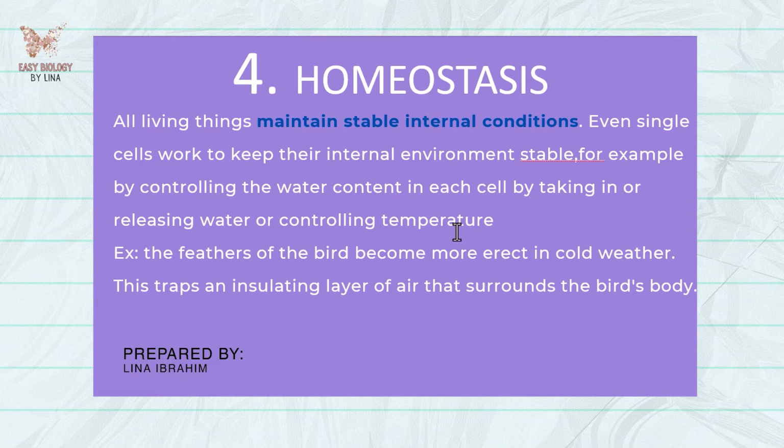A cell that takes in too much water will rupture or burst and finally die. On the other hand, a cell that doesn't get enough water will shrivel and shrink or die. So homeostasis is the process of maintaining stable internal conditions even though environmental conditions are constantly changing. Even if the environment changes, the stable internal environment will remain.